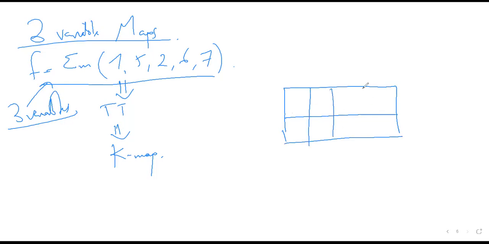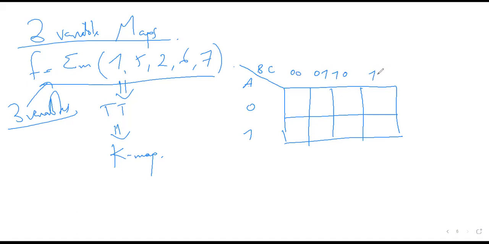1, 2, 3, 4. Now, to the variables, let's use A, B, C. For A, we only have 0, 1. Here we have 0, 0. Here we have 0, 1. Here we have 1, 0.